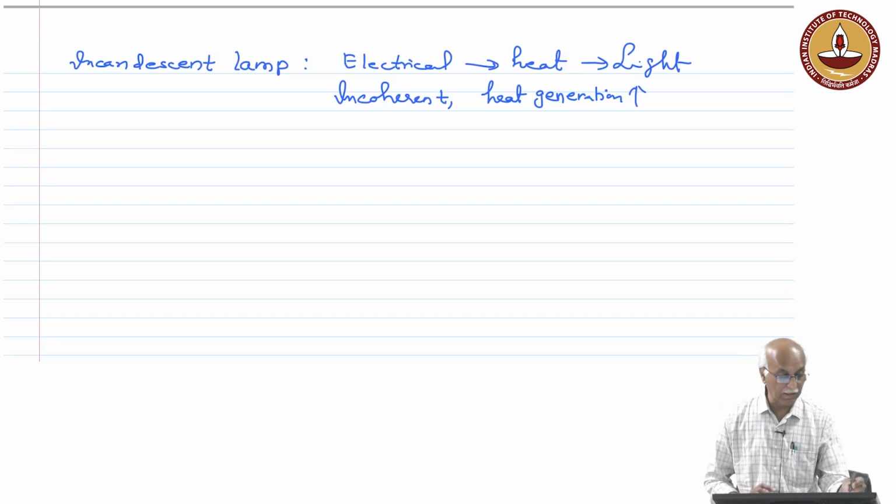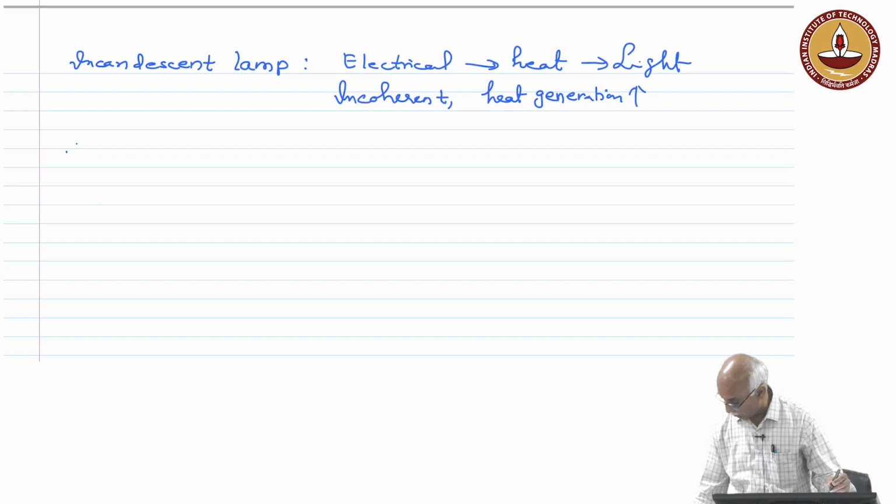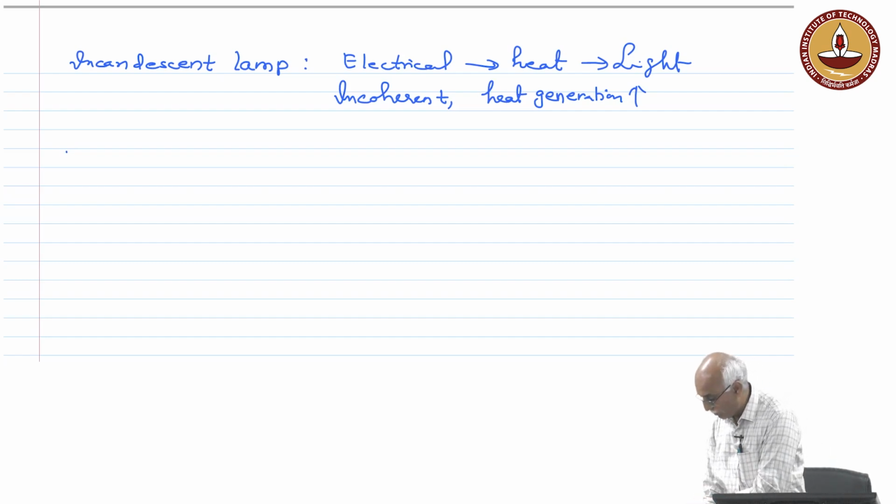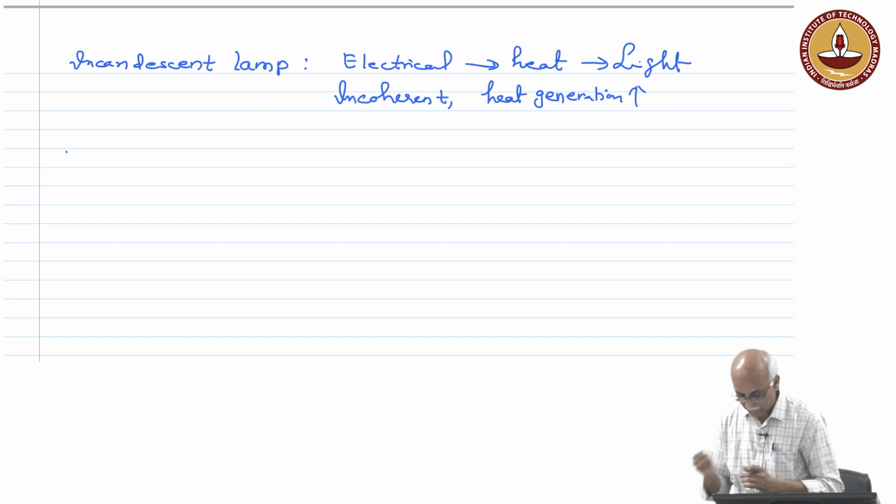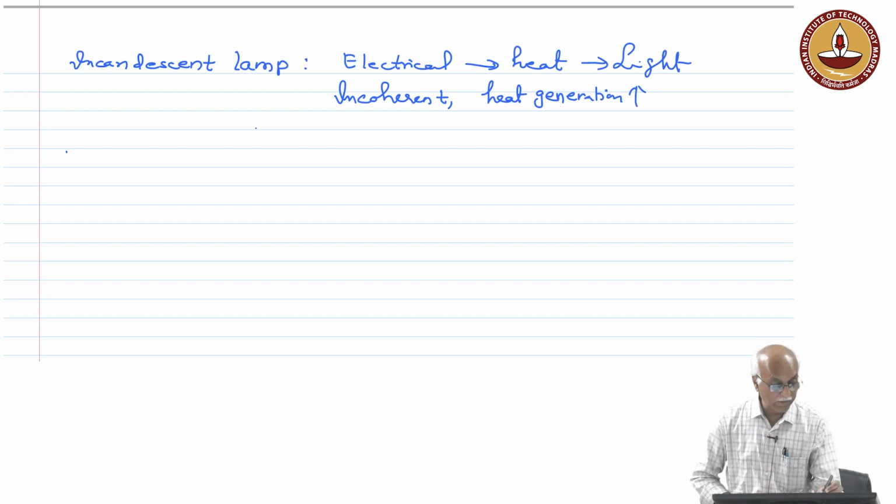Now, fluorescent lamps, but maybe first I will give you an example of this incandescent lamp itself before we go, so that we need not come back. Of course, as I told you, arc lamp, tungsten filament lamp. Okay, tungsten filament lamp.